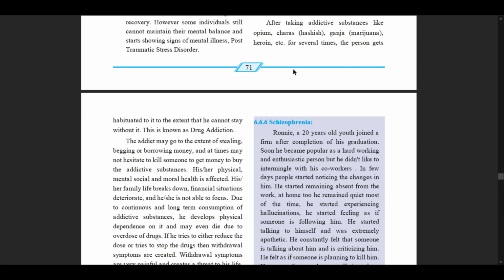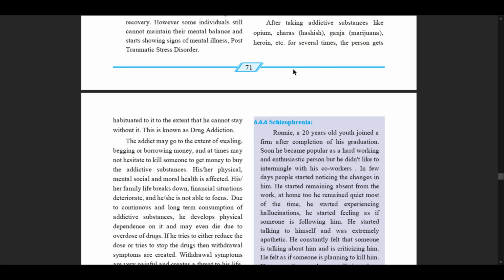So his or her physical, mental, social, and moral health is affected. As I said, morality of an individual is affected as well. His or her family life breaks down, financial situations deteriorate, and he or she is not able to focus. So, this is what happens when an individual is severely addicted.